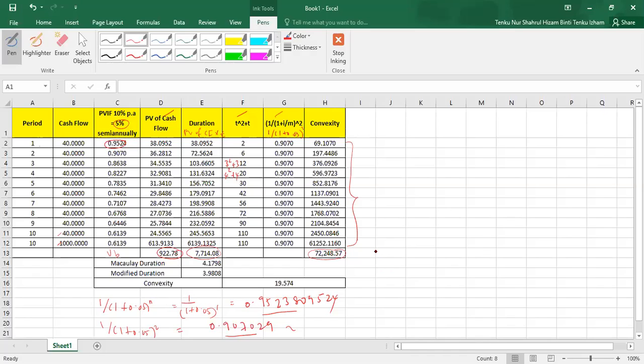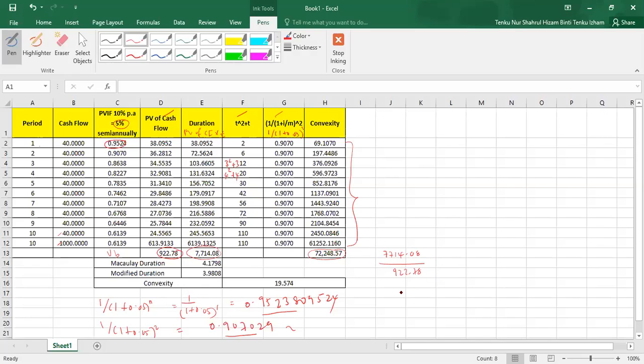How do you calculate Macaulay duration? You calculate the Macaulay duration by using the duration value in ringgit, 7714.08, and you divide by the bond value, which is 922.78.